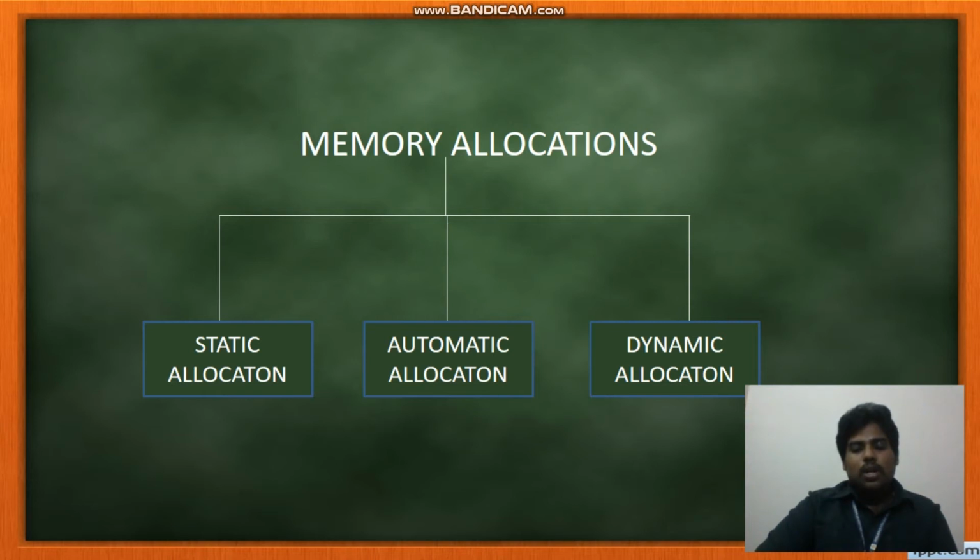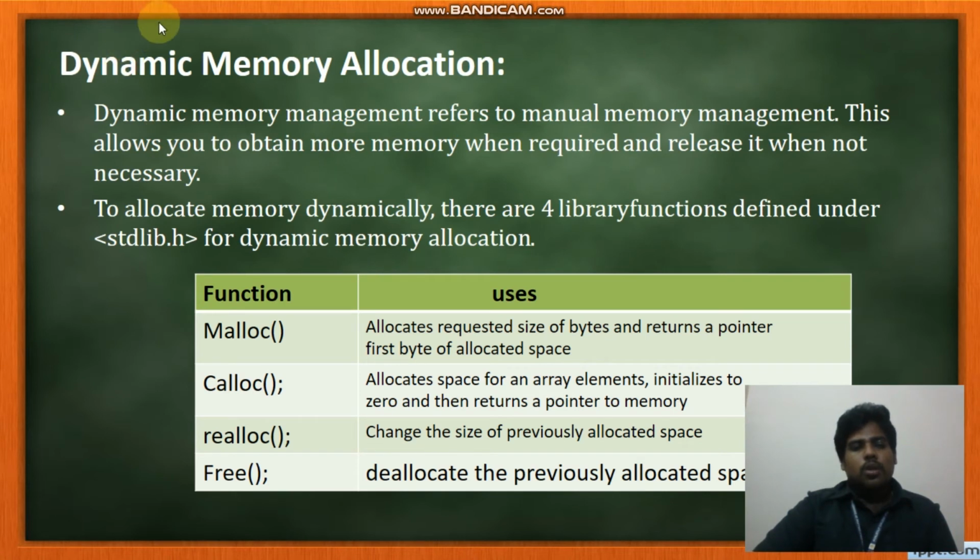We can see what functions are used for dynamic memory allocation in the next slide. In dynamic memory allocation, we manually allocate the memory for the variables. Static and automatic allocation are done automatically. In dynamic memory allocation, we allocate the memory manually. We can release the memory as well as add memory. For that, four functions are available in C programming.